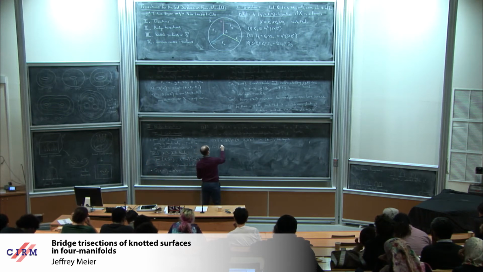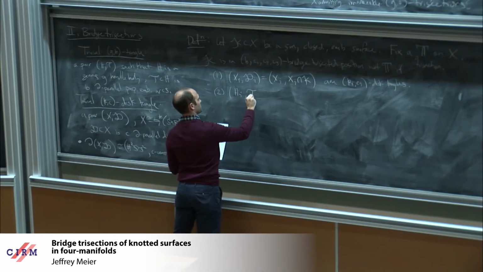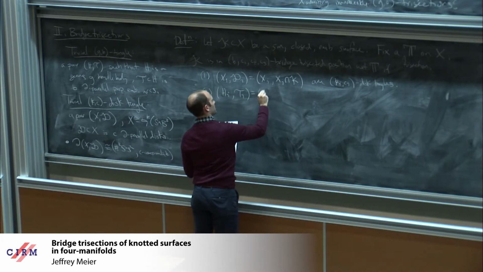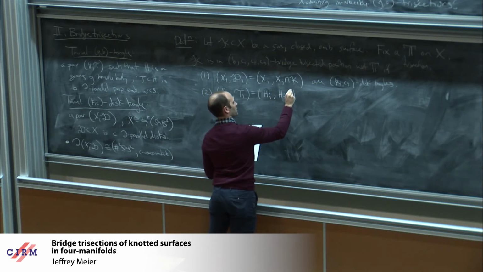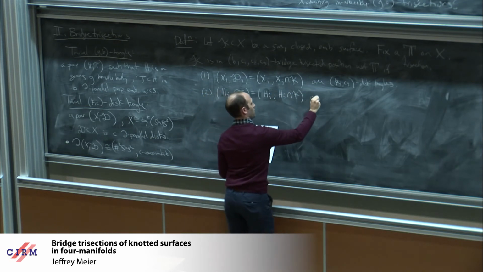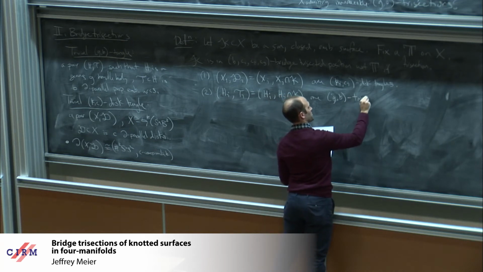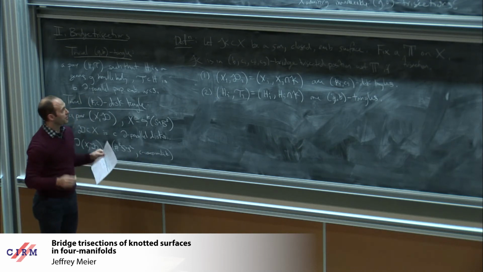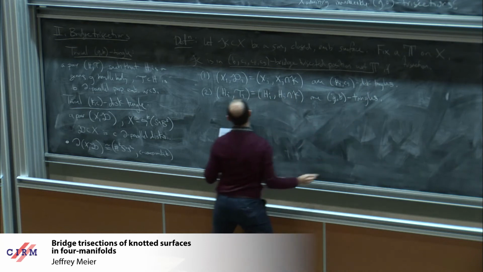And the second thing we want is that the three-dimensional pieces, which are the intersections of H_i with K, are trivial GB tangles. Okay. So that's what it means for K to be in bridge trisected position with respect to the trisection.